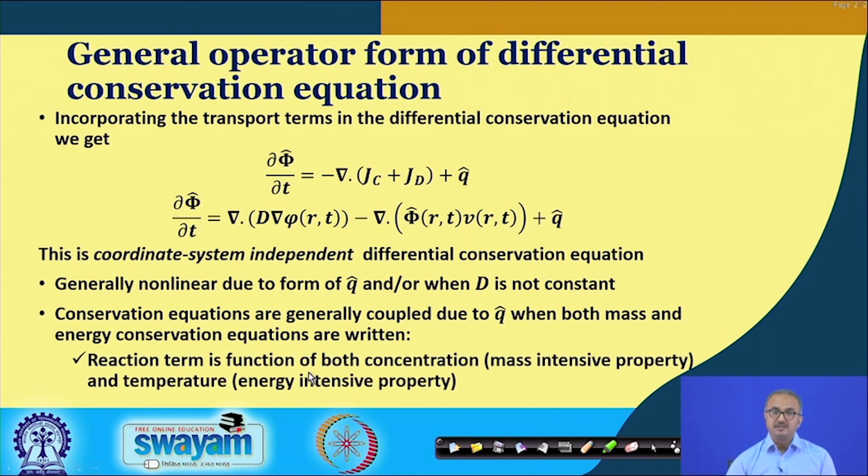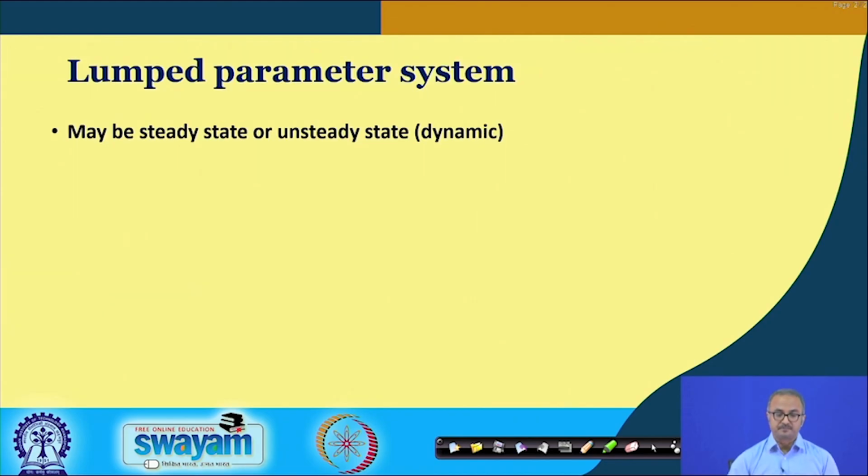The reaction term, as a source term, many times gives rise to this coupling. The reaction depends on the concentration, which is the mass intensive property, and on temperature, the energy intensive property, and we obtain them from the mass balance and the energy balance equations.